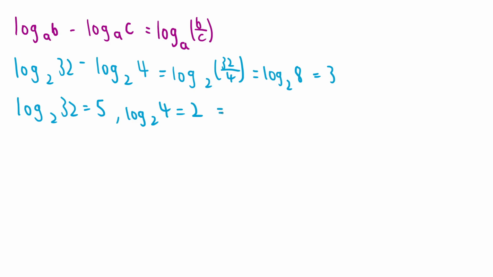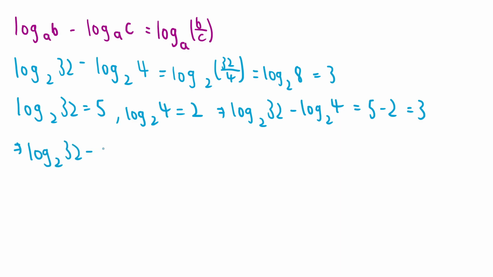So if we compute the difference, log base 2 of 32 minus log base 2 of 4, we get 5 minus 2, and then that just equals 3. So this shows that log base 2 of 32 minus log base 2 of 4 is indeed equal to log base 2 of 32 over 4, since we know that they both equal 3.